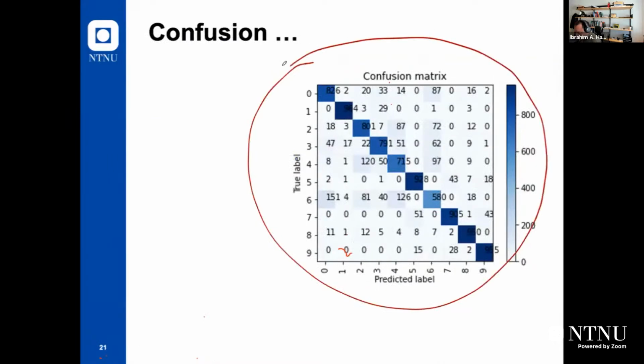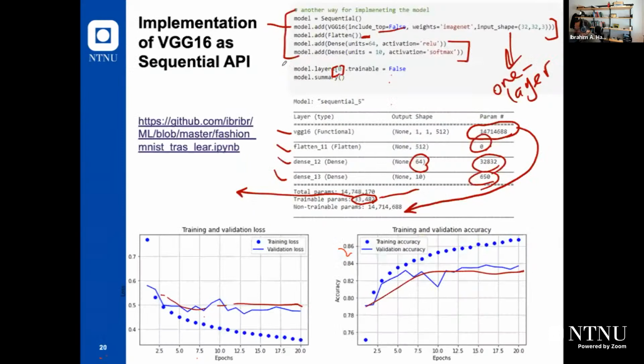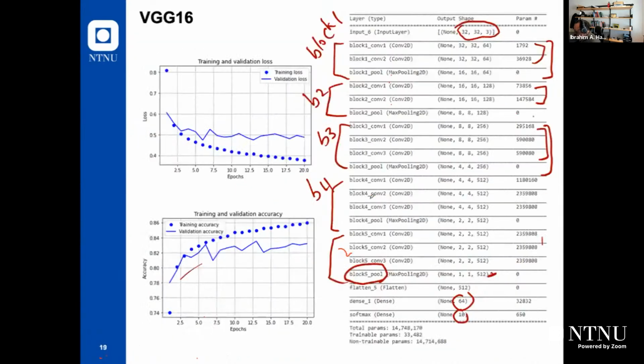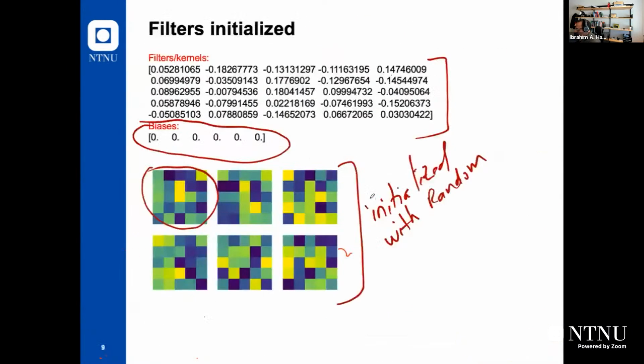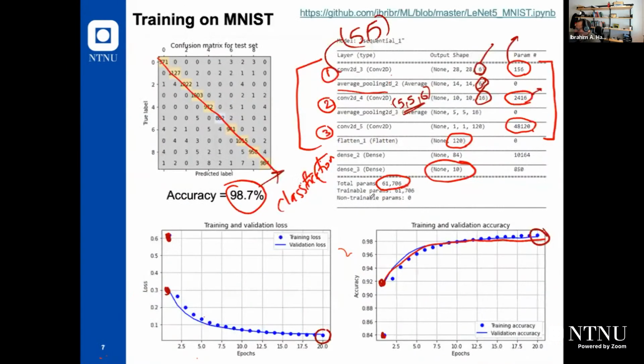Because this model, you can just say that we used 60,000 images for training 33,000 parameters, right? If we compare this one with LeNet, for example, with LeNet we can get much better results when we train it on the MNIST dataset.